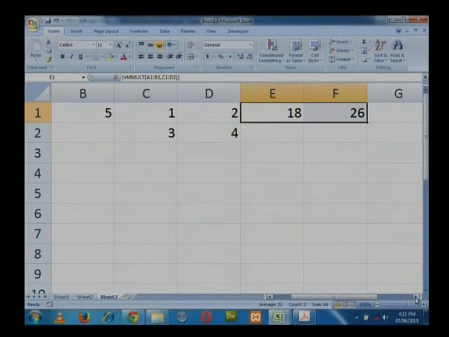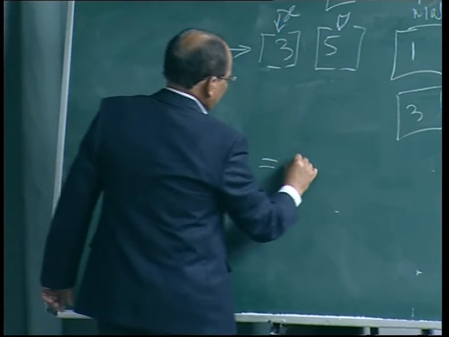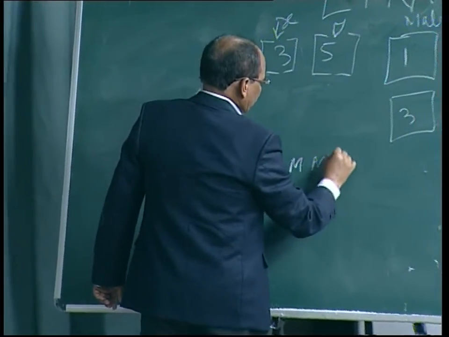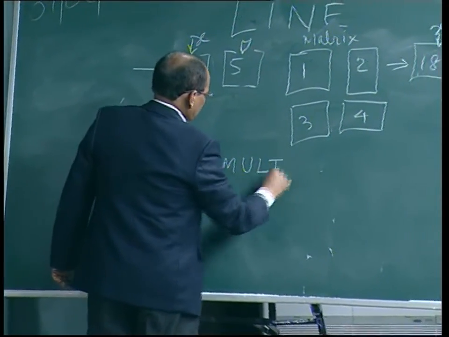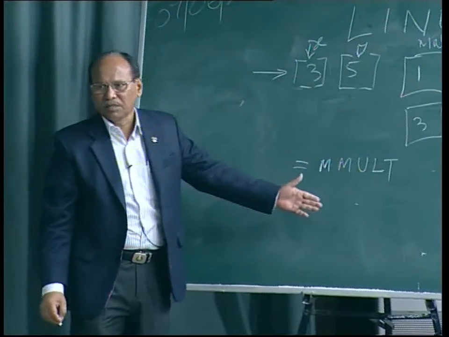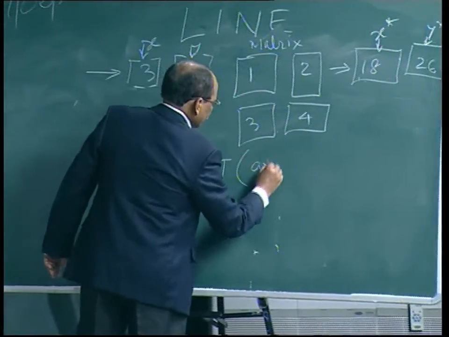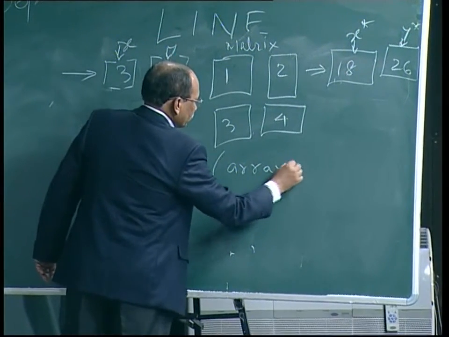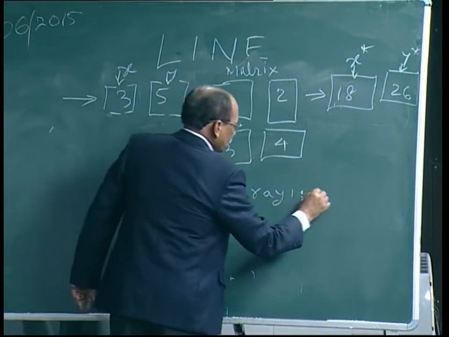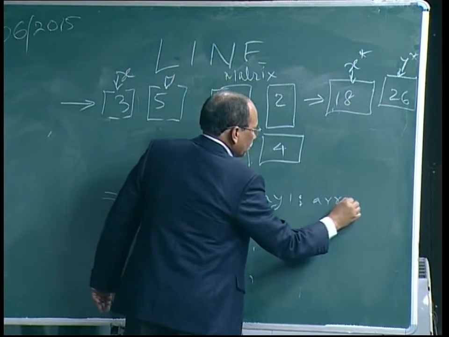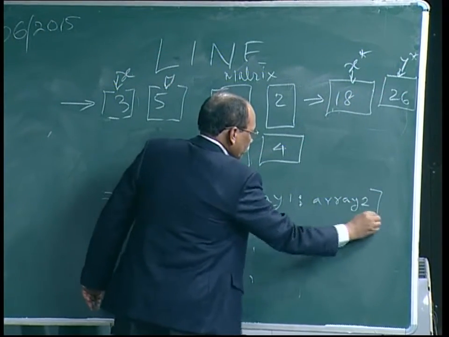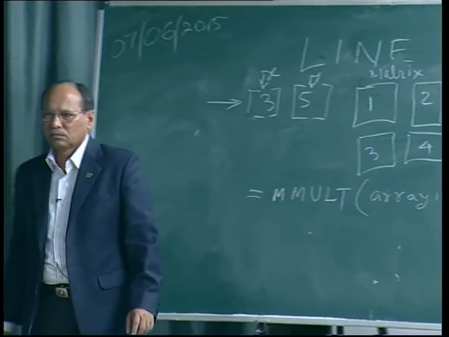And what was the formula? Here the formula is equals MMULT. MMULT means matrix multiplication, and then array 1, then array 2. That is all.